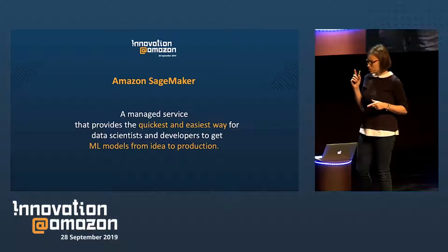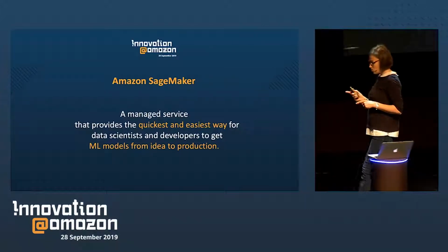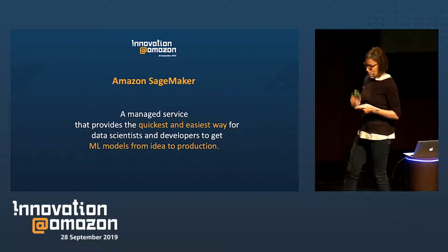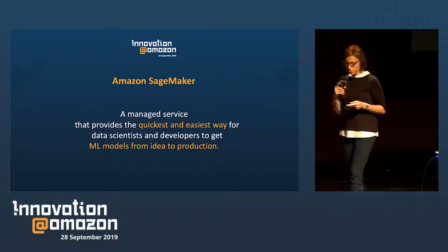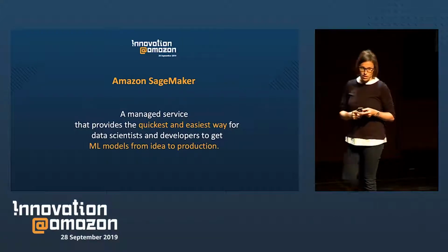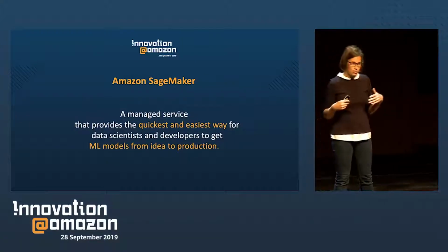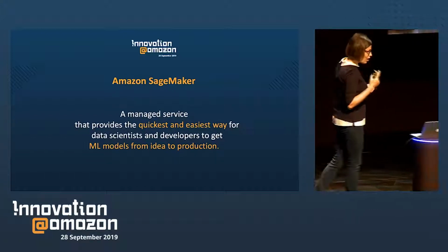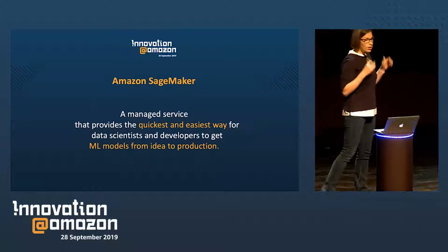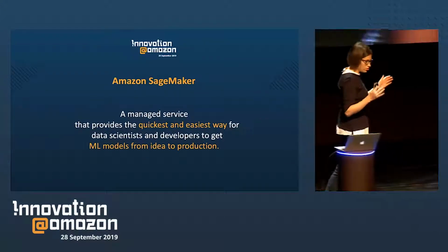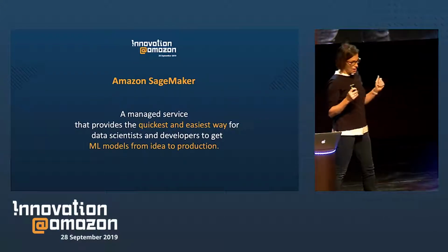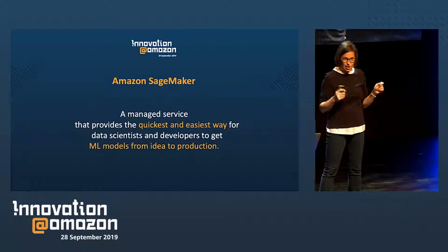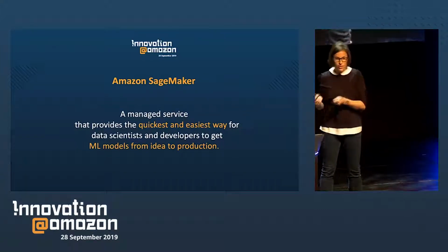SageMaker was built to make it easy and quick to develop and deploy machine learning algorithms. At Amazon, but also outside of Amazon, we are thinking of how long it takes, when you have data and you have a problem and you want to develop a machine learning application, to bring something into production.